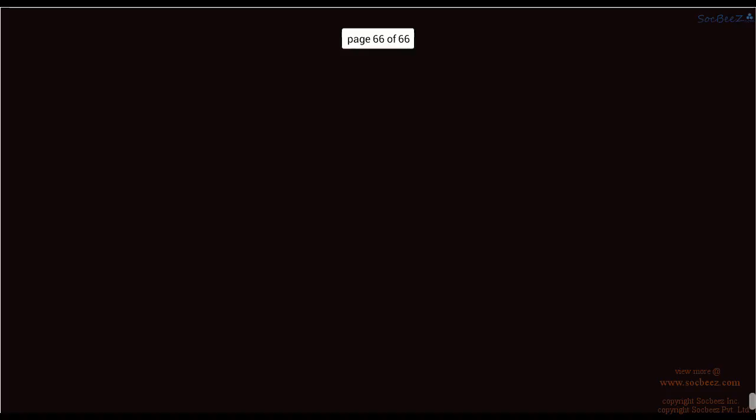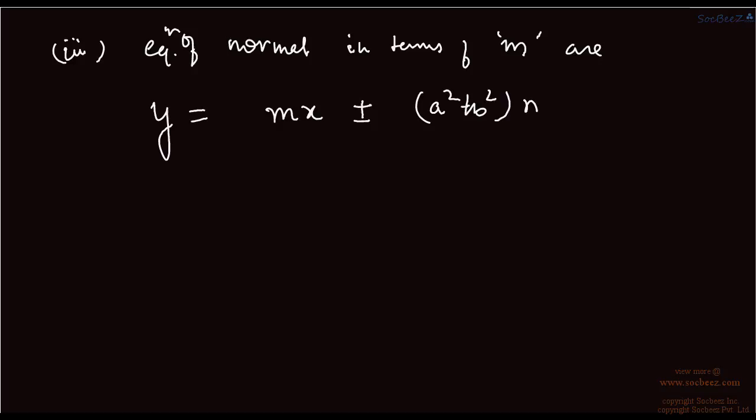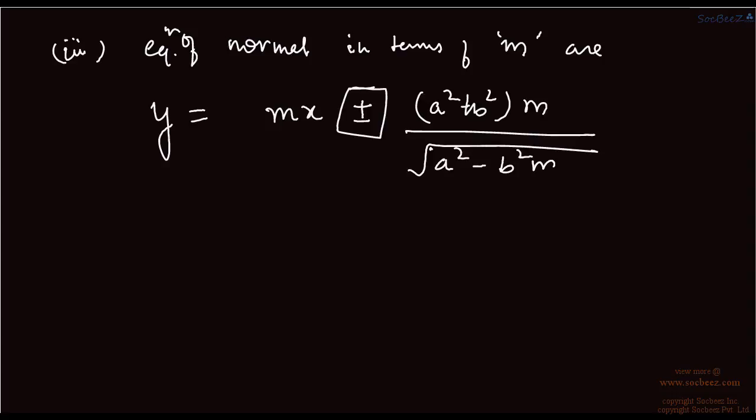Fine. Now the equation of normals in terms of slope, the third and the most important equation of normal in terms of slope m, is y equals mx plus minus (a square plus b square) m upon root of (a square minus b square m square). Keep that in mind.